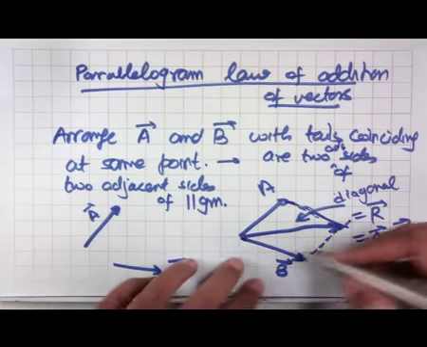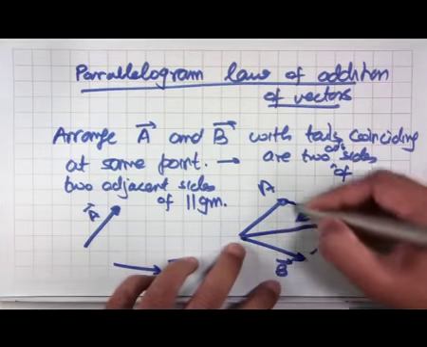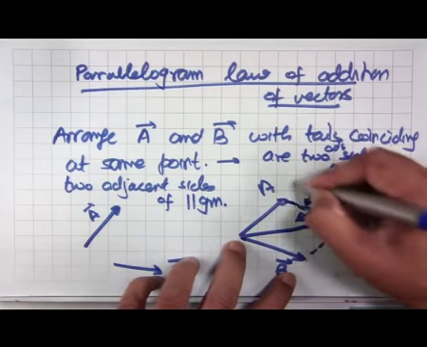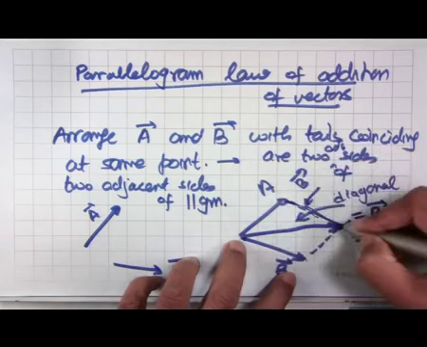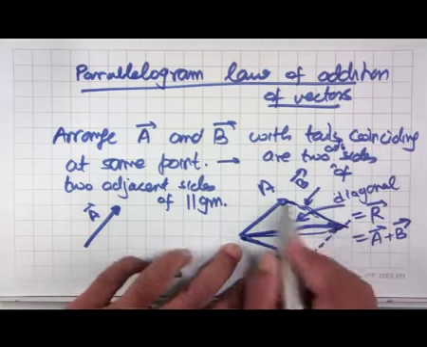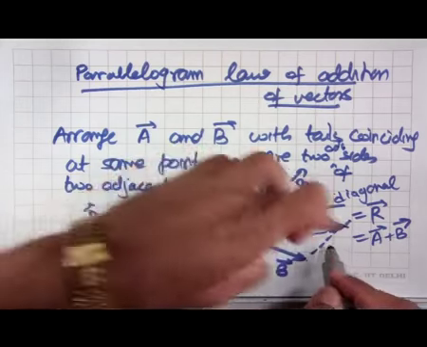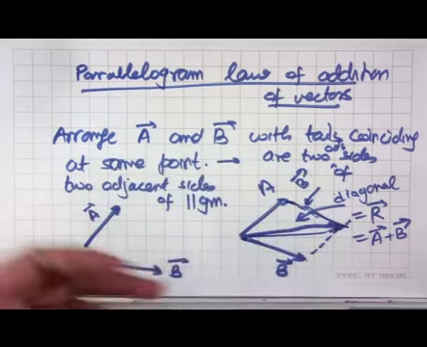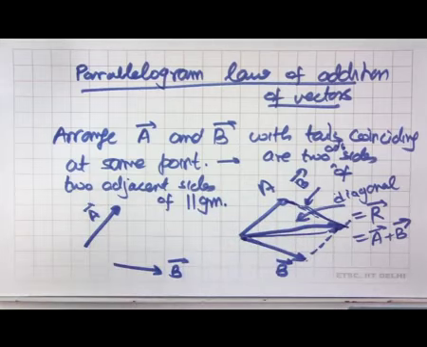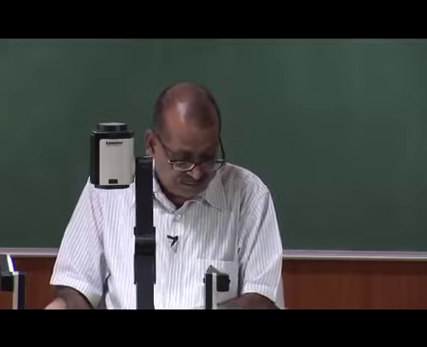And you can clearly see here, if you look at the second side, it is nothing but vector B, and so the diagonal is nothing but the third side of the triangle if A and B are placed in order. Therefore, the parallelogram law gives the same result as the triangle law of addition.